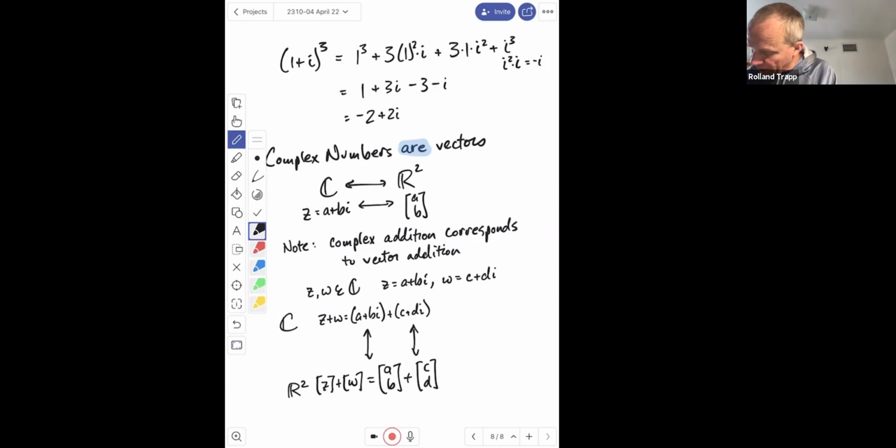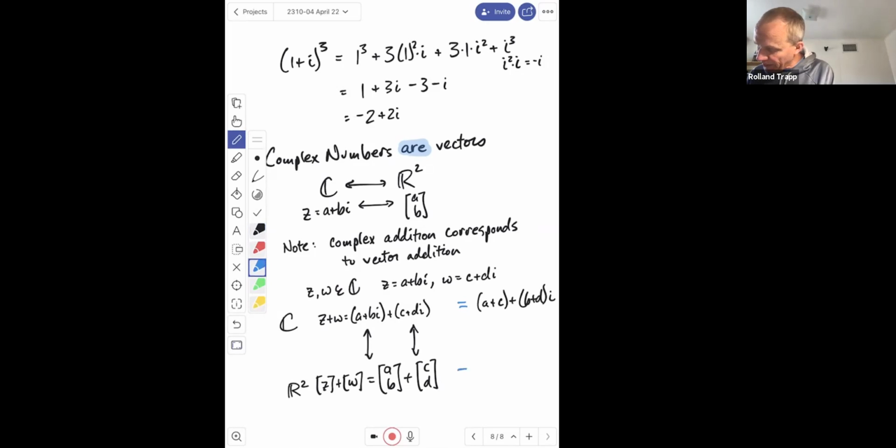But now this equals (a plus c) plus (b plus d)i, just by combining like terms.